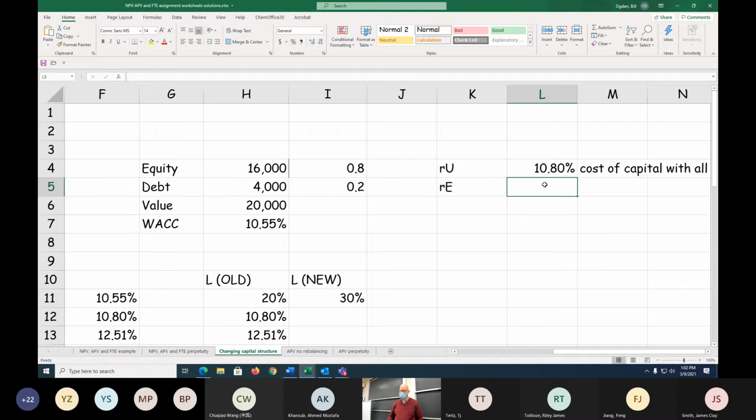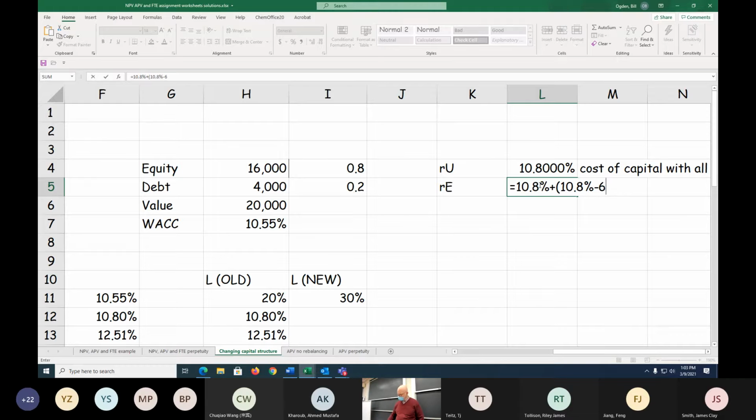We're going to say equals RU plus RU minus. Now you want the new RD, not the old one, because they're going to be borrowing more money, the cost of debt can likely go up.